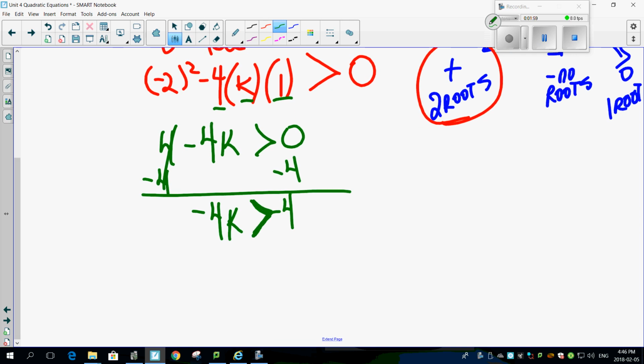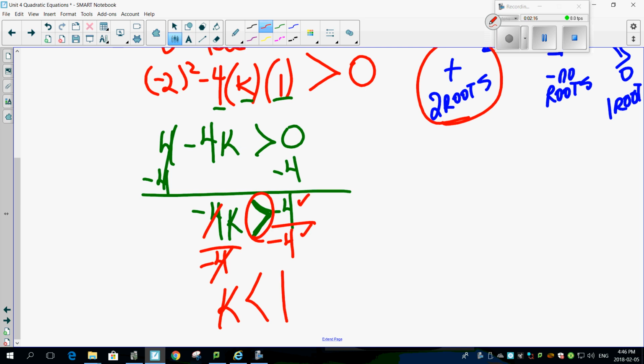When you divide an inequality by a negative, the sign flips. Negative 4 divided by negative 4 is 1, but because you divided by a negative, the sign gets flipped. So the value of k has to be less than 1.